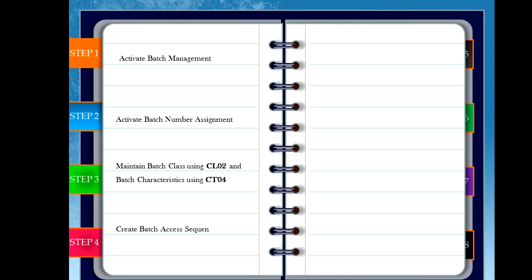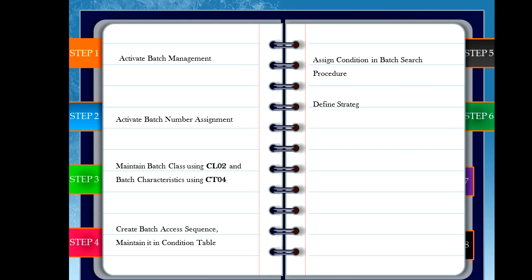Step 4. Create batch access sequence and maintain it in a condition table. Step 5. Assign the condition in batch search procedure. Step 6.